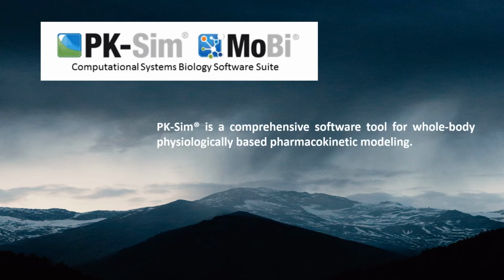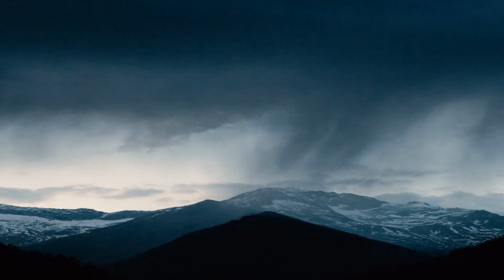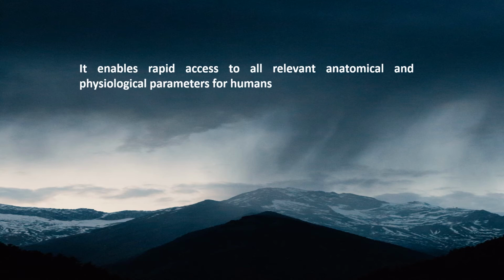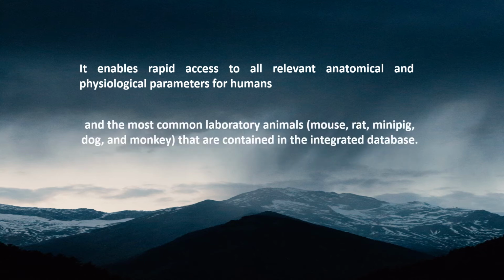PK-Sim is a comprehensive software tool for whole-body physiology-based pharmacokinetic modeling. It enables rapid access to all relevant anatomical and physiological parameters for humans and the most common laboratory animals, mouse, rat, minipig, dog, and monkey, that are contained in the integrated databases of the software.